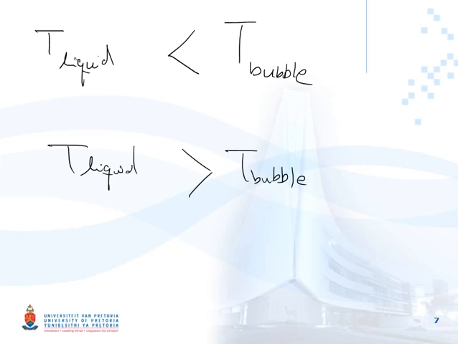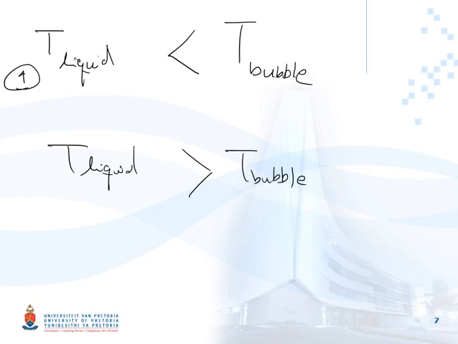When the liquid is at a lower temperature than the bubble, the first scenario, what will happen? In case number 1, heat will be transferred from the bubble into the liquid. Does that make sense? Yes. Heat goes from a phase or material at a higher temperature to the lower one. This will cause some of the vapor inside the bubble to condense and the bubble will collapse.